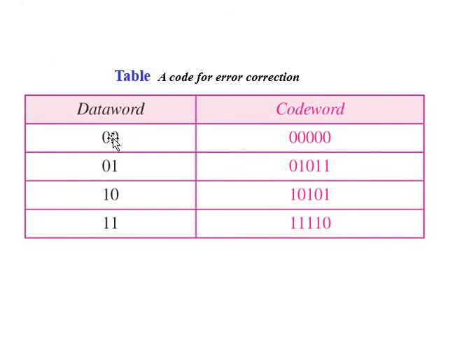Here we have the data word 00. Now we know how to obtain the code word for error detection, and we need to add some extra bits for correction also. This table shows that. Next, we have different techniques for error correction, which we will see clearly in this topic.